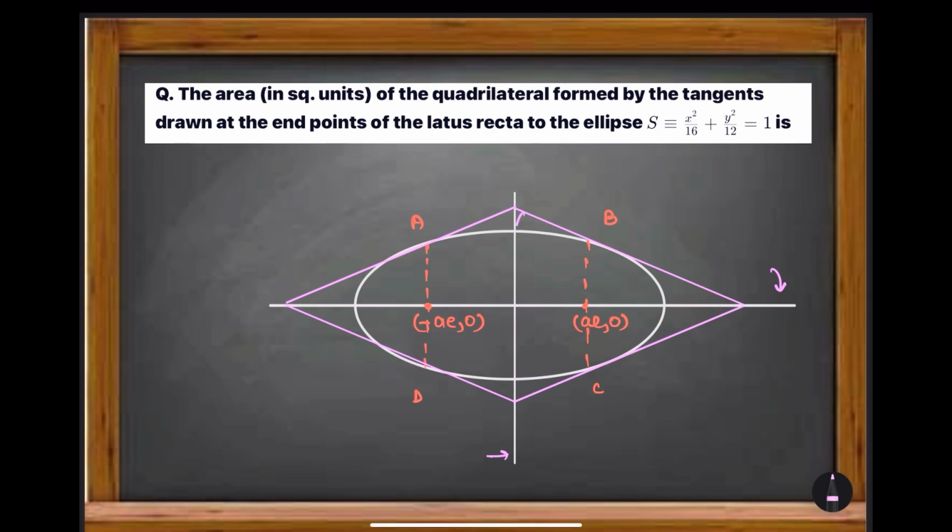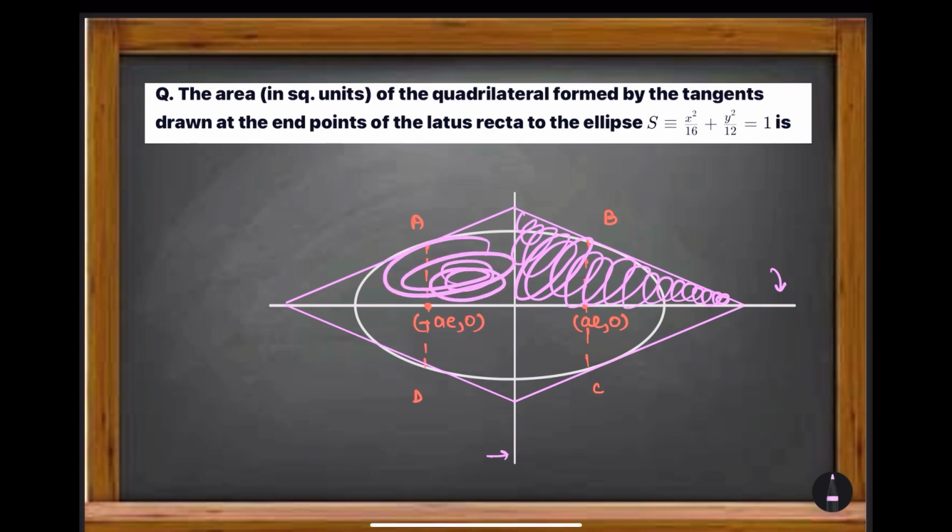So can I say that the area of this triangle will be equal to the area of this triangle, as well as this triangle and this triangle? So if we can find the area of one triangle, we can find the area of all four triangles. I have to multiply by 4.